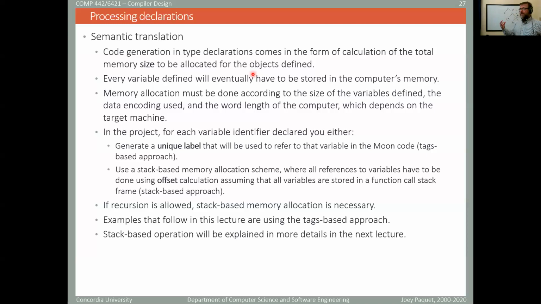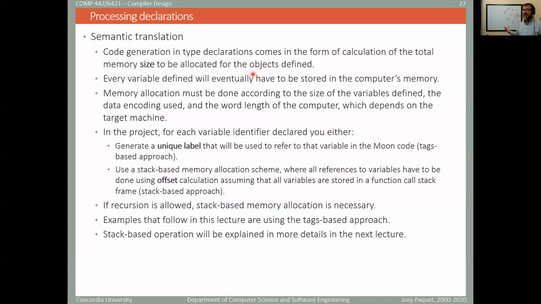So you're going to have to define how many memory cells I need to reserve to store the value of my variable A. That, of course, depends on its type. If it's a basic type such as integer or float, that's a fixed size.